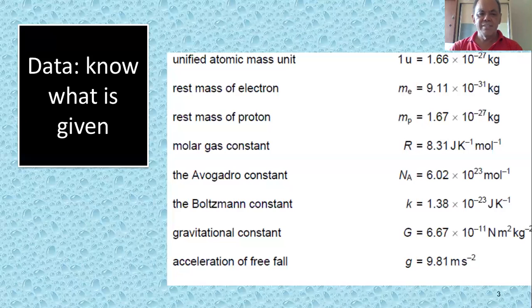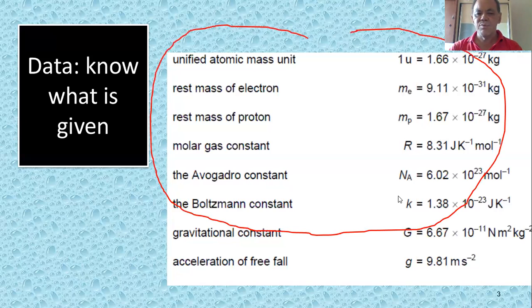What is given? This is from a data sheet. Commonly, we will need this value and the rest mass of proton and atomic mass unit. And then you will find sometimes you will use k, Boltzmann's constant.